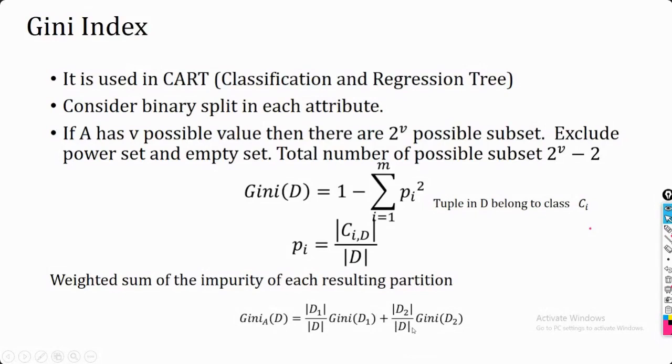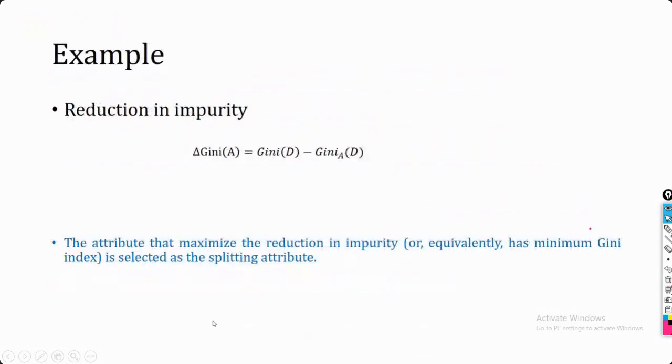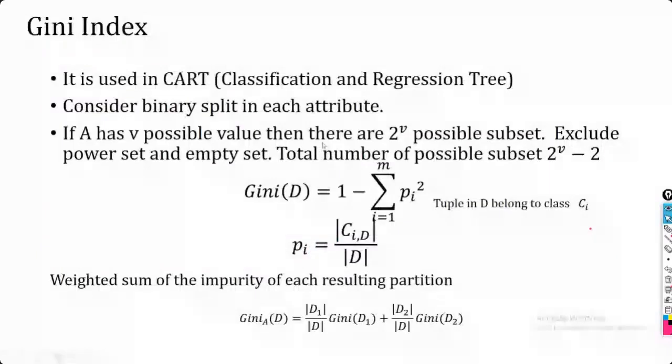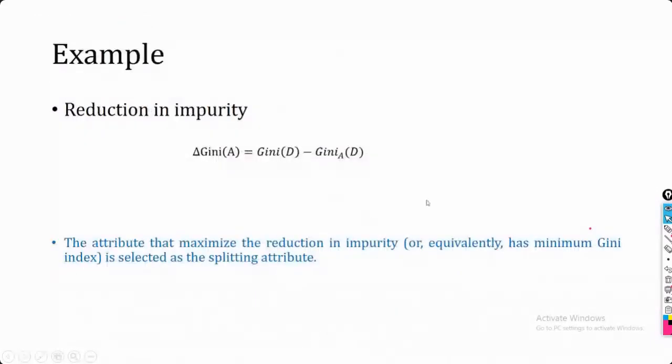Out of this total number of instances, how many are part of side 2 and how many are part of side 1. This way we are calculating the Gini with respect to the attribute. This is Gini with respect to the whole data set, and this division is going to define the total impurity with respect to the selected attribute.